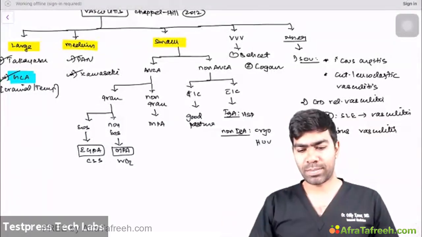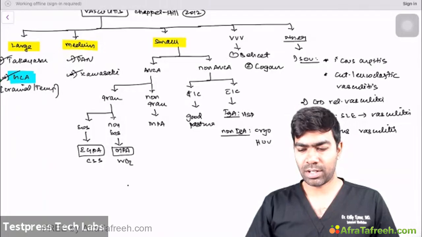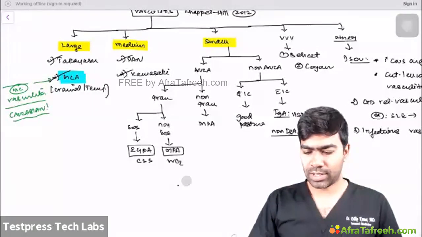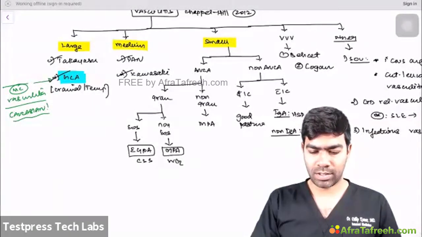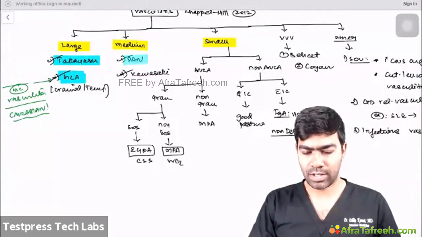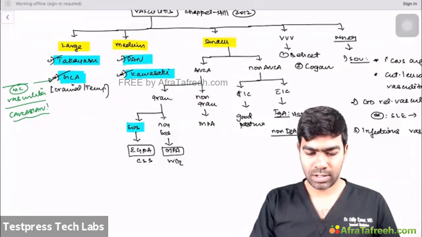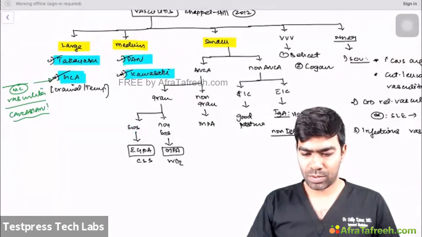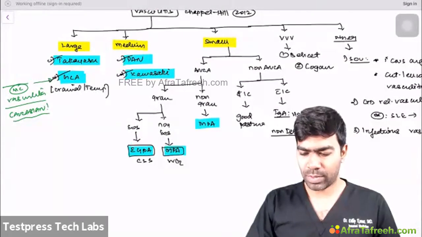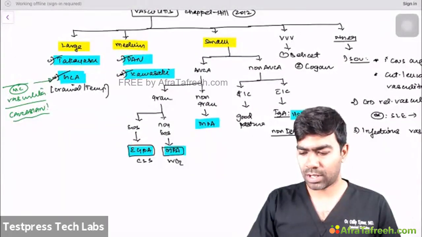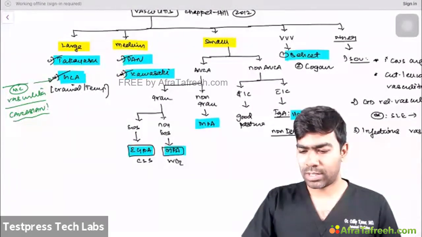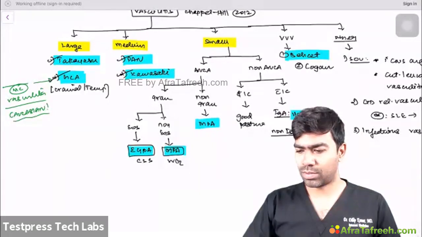But each and everything has been mentioned in the Chapel Hill classification. For our exams, what are the important things? We need to know Takayasu, giant cell, PAN, Kawasaki, EGPA, GPA, microscopic polyangiitis, HSP, cryo, then Behçet's.